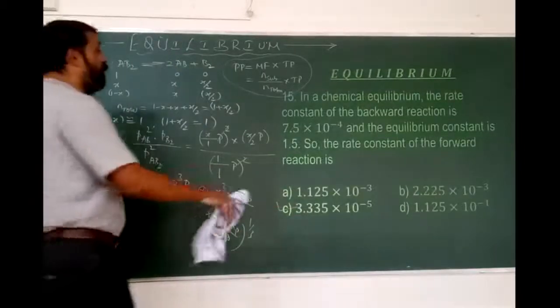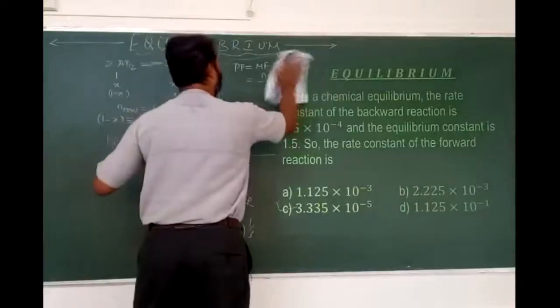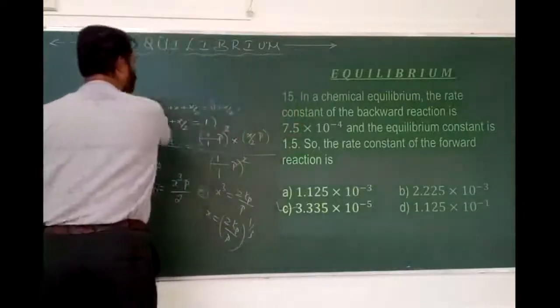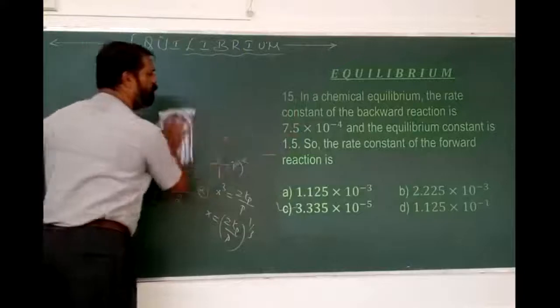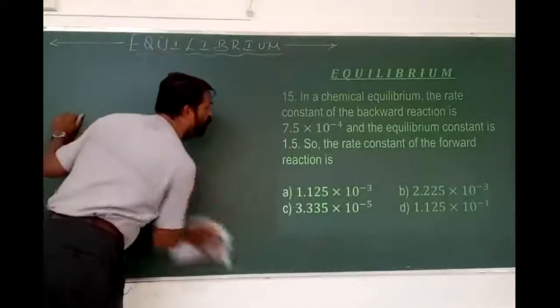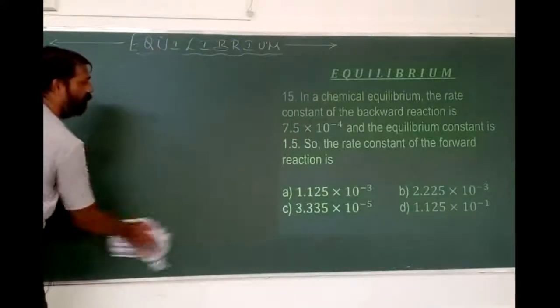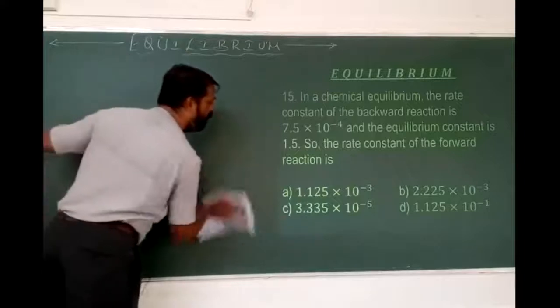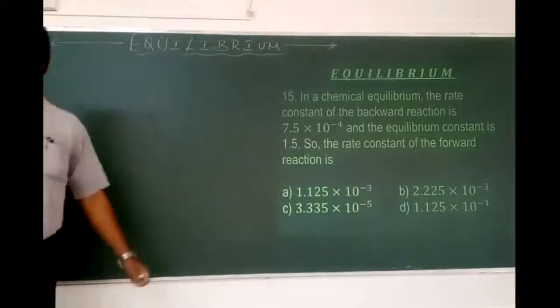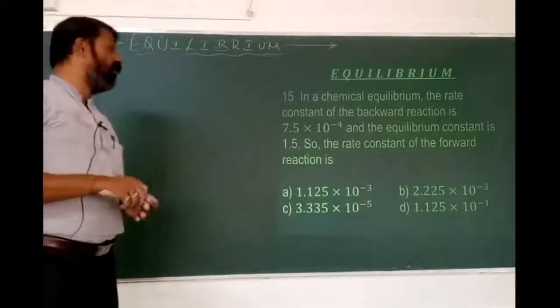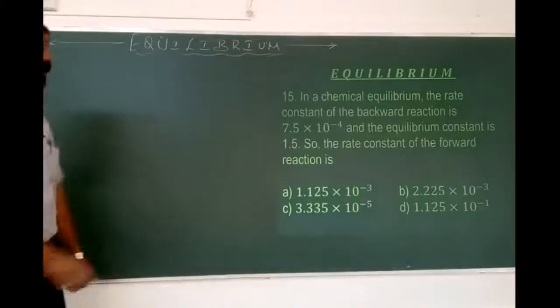Next, in a chemical equilibrium, the rate constant for the backward reaction is 7.5 into 10 to the power of minus 4, and the equilibrium constant is 1.5. Therefore, what is the rate constant for the forward reaction?